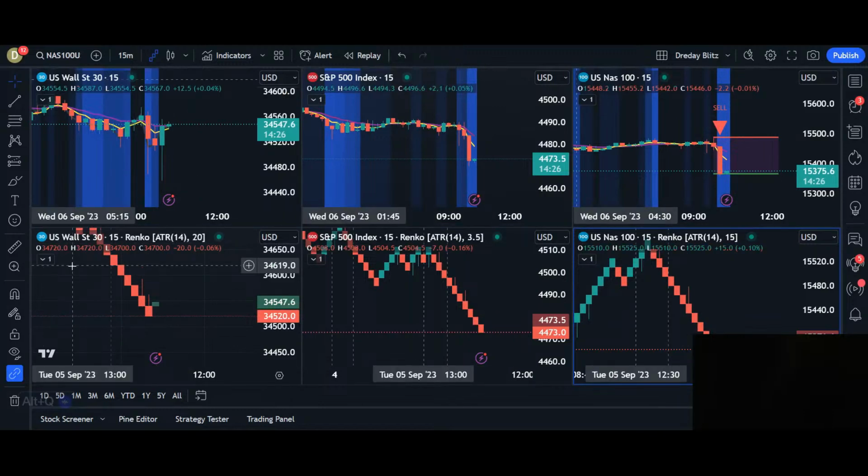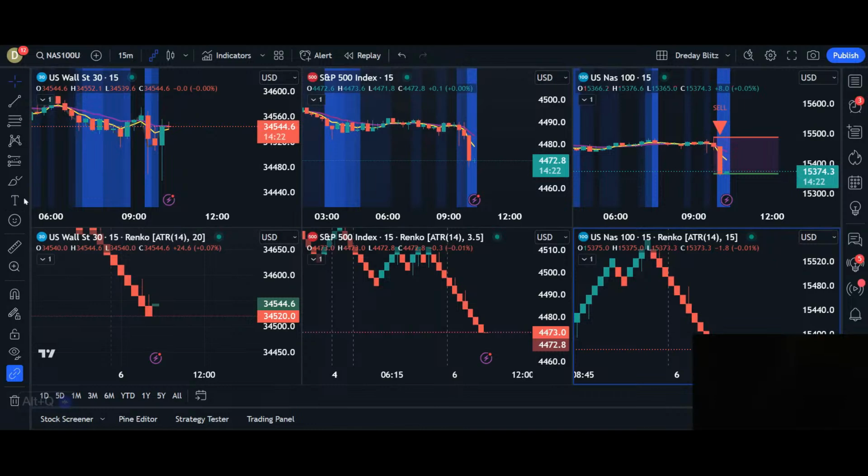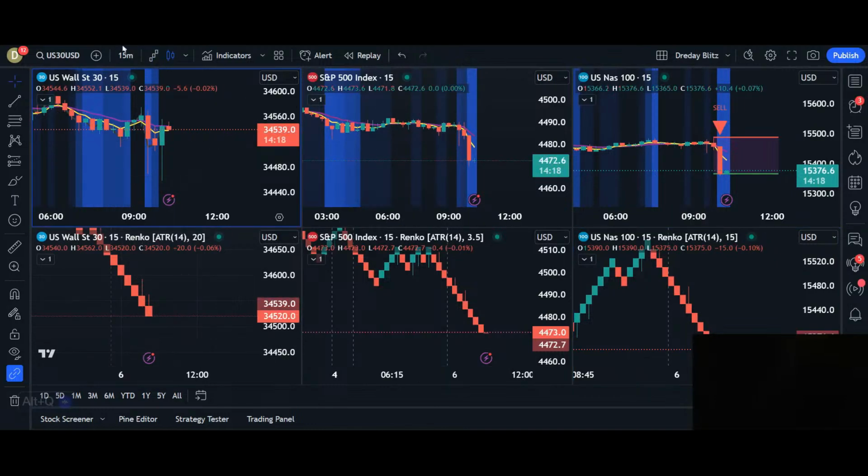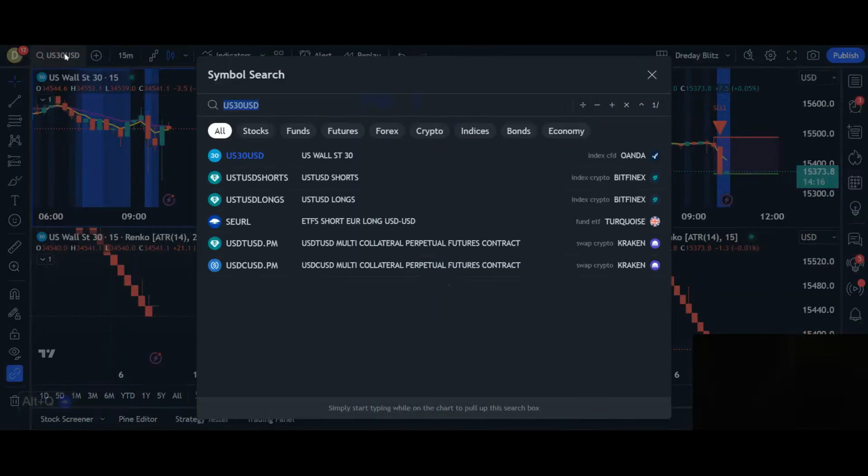All right, so for the US30 that I use, it's the US30 from Oanda. So if you look here, it should be US Wall ST 30, and it should be the Oanda one. So you have to go on indices.